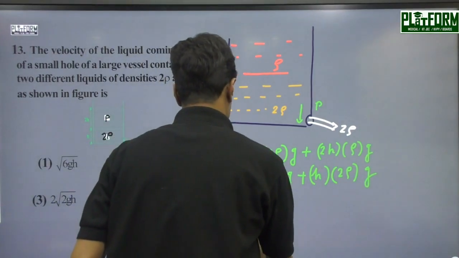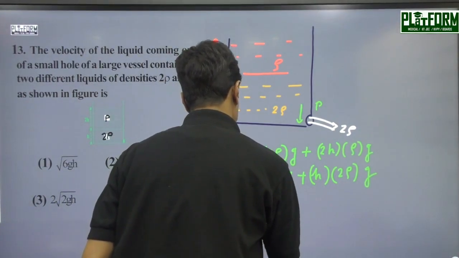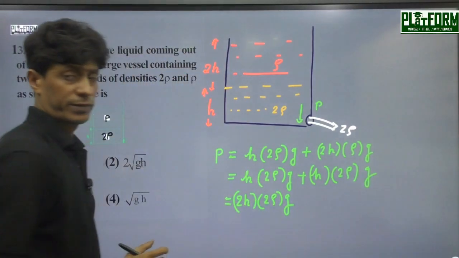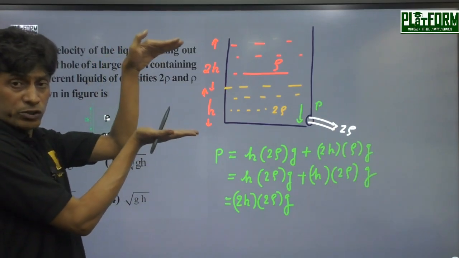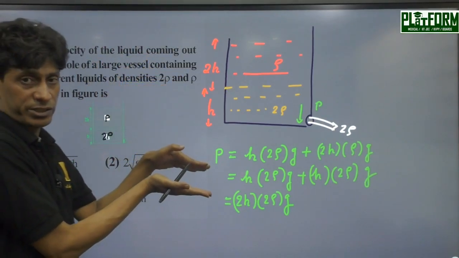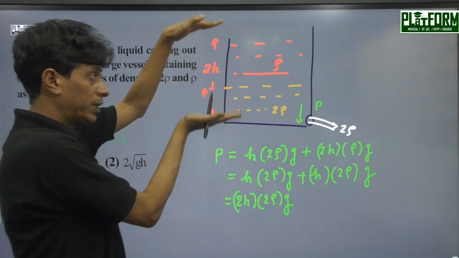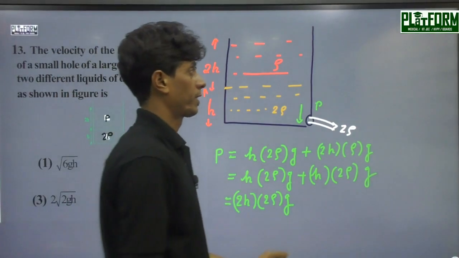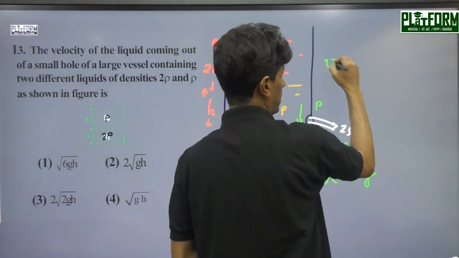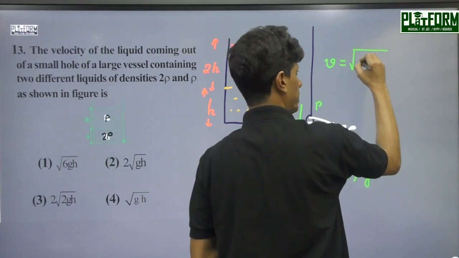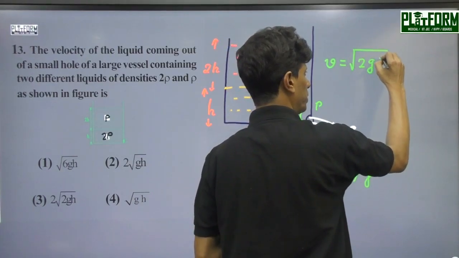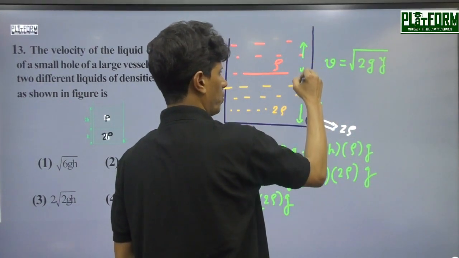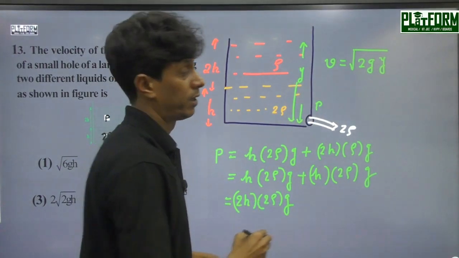So the total height of liquid of density 2 rho into g: the height of the liquid column is 2h, having density 2 rho, and velocity of efflux is equal to root 2gy, where y is the depth of the orifice.